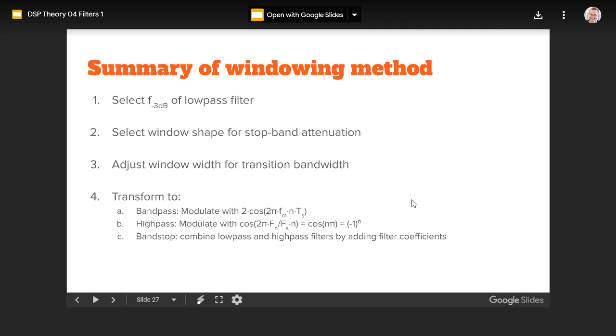So that's cascading. And then parallel systems, H1 and H2. That's the parallel system. Then the overall transfer function is H1 plus H2. Okay.